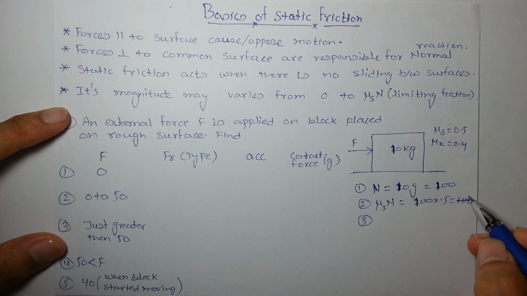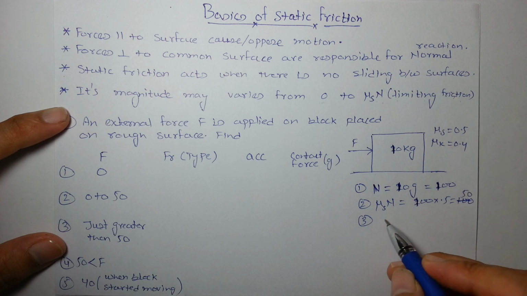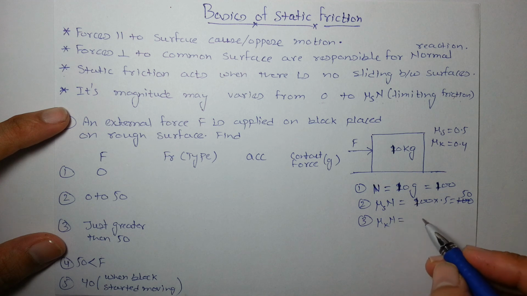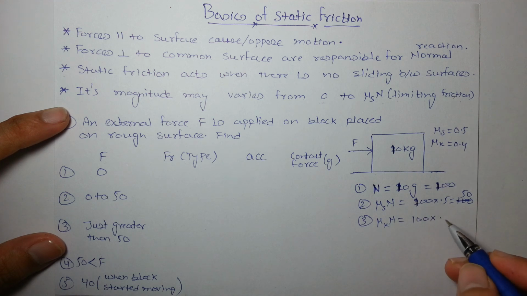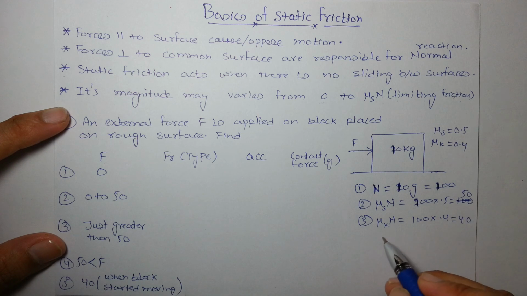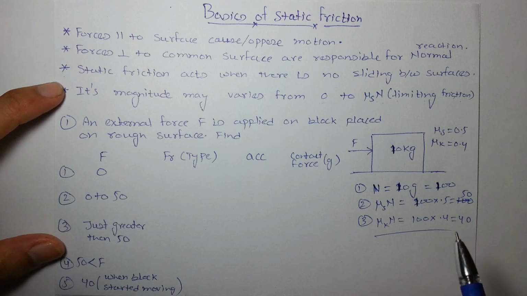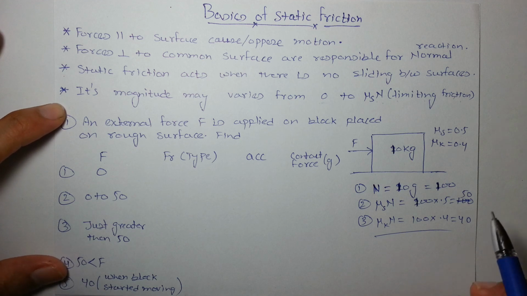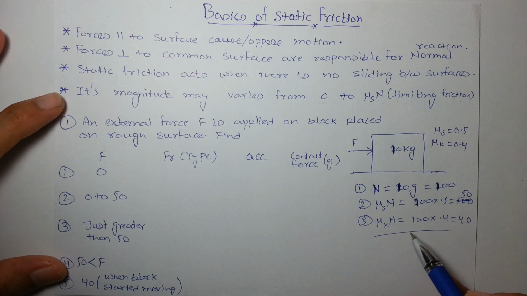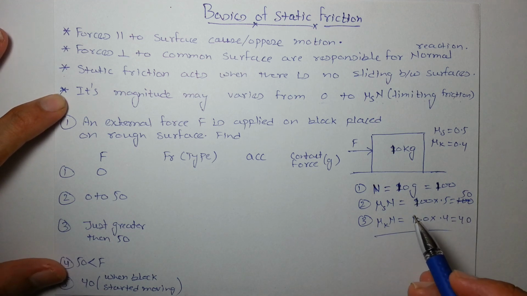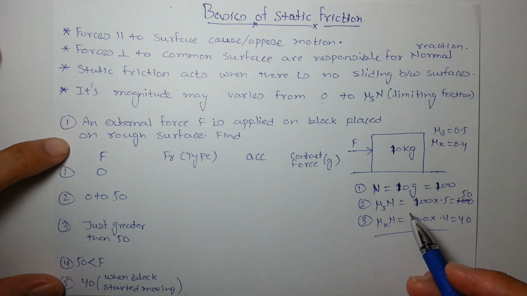This is now 50 Newton, and this mu k N will be how much? Mu m g, 100 into 0.4, which is 40 Newton. Okay, so you should calculate these three values at the start of the question. Again, I'm not saying that mu s N or mu k N will act no matter what the force is, but it is always better to find these values so we will be able to predict in a better way.